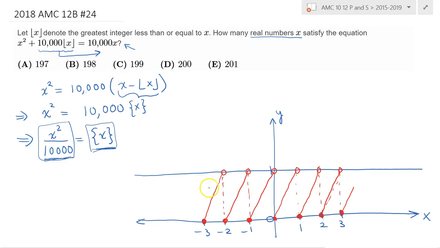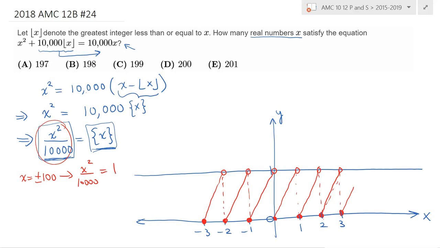Now, as I suggested, it turns out that when x is equal to plus or minus 100, we get that this whole expression, x squared over 10,000, is simply equal to 1. And that's exactly what I need.